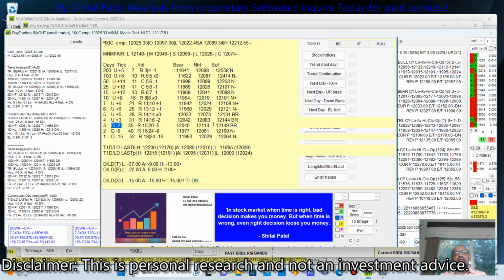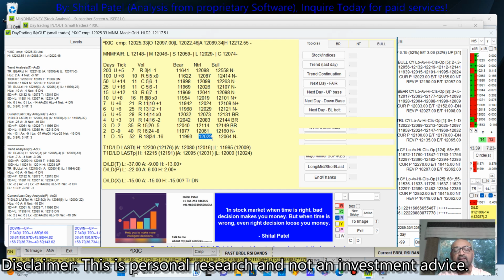Let's check the numbers. The fair value is 12,029. Average it with the day open on 4th May to get the day fair value. Above fair value, bull will be winner, and below fair value, bear will be winner.